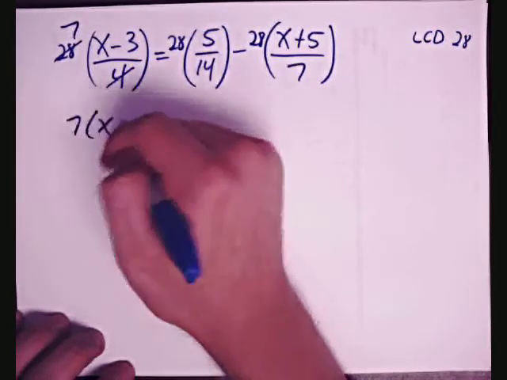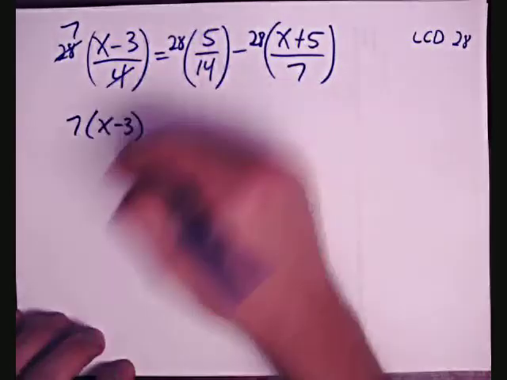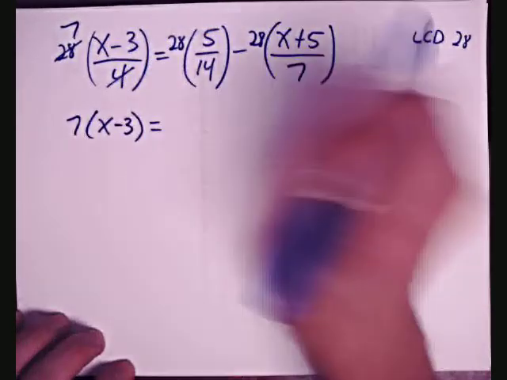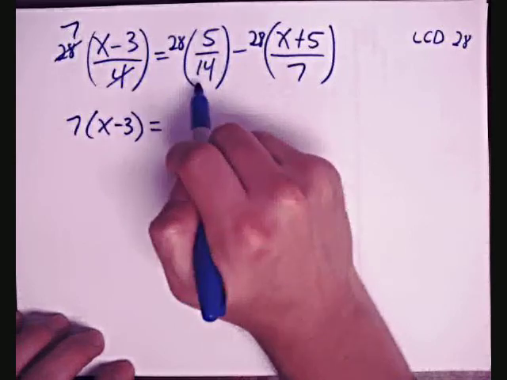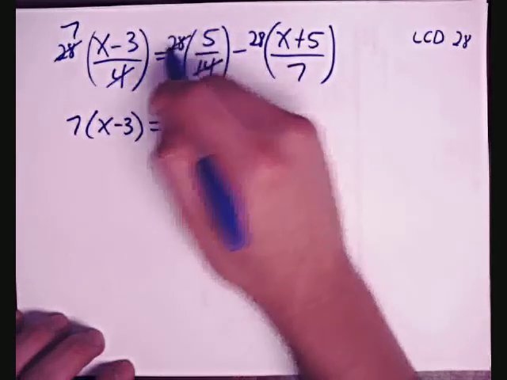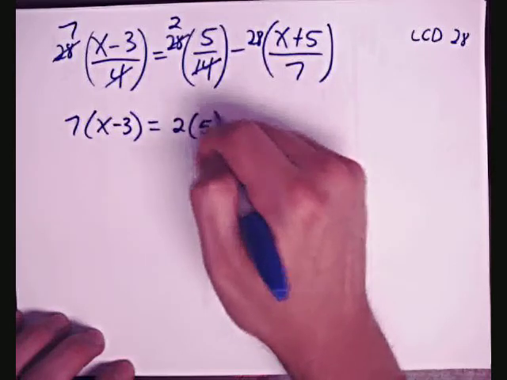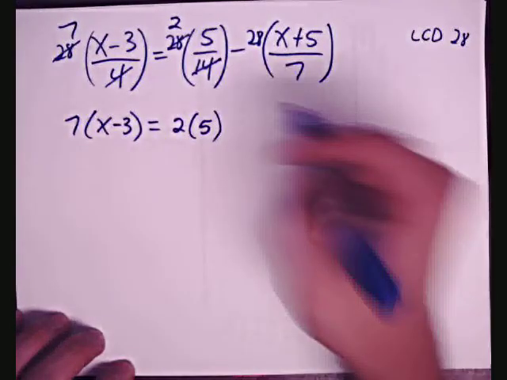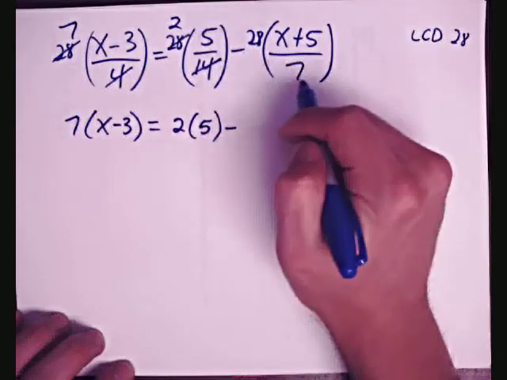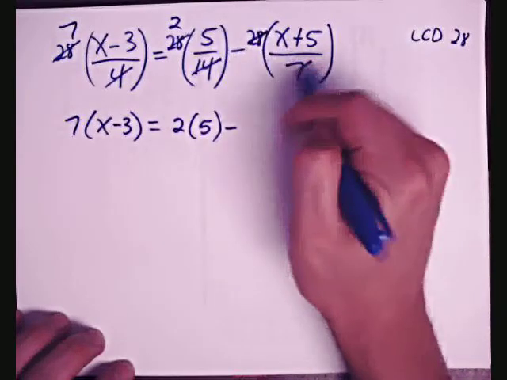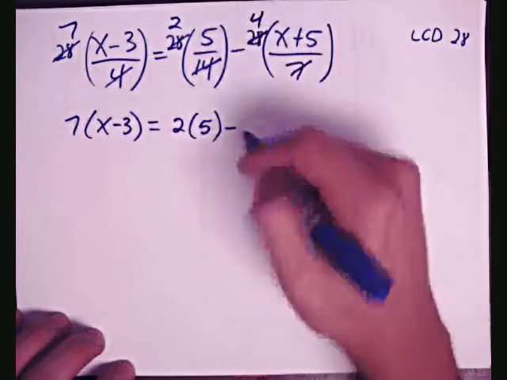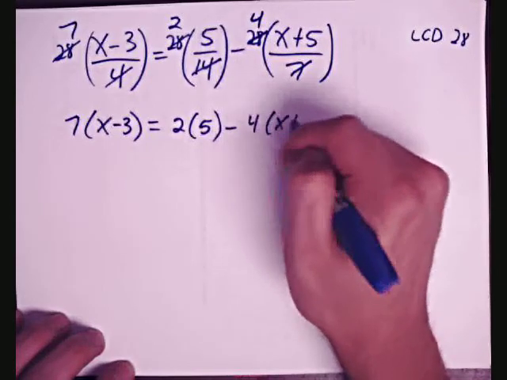So we'll have 7 left and the x minus 3 equals our next fraction. 28 divided by 14 is 2, so we can cross those out and leave a 2. And the 5 is left. And then minus 28 divided by 7 is 4, so we can cross those out, leaving the 4. And then still having the x plus 5.